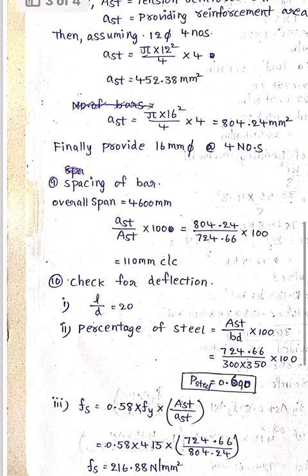The answer is 452.38. And finally the final provision for the beam section is 16 mm diameter, 4 bars.